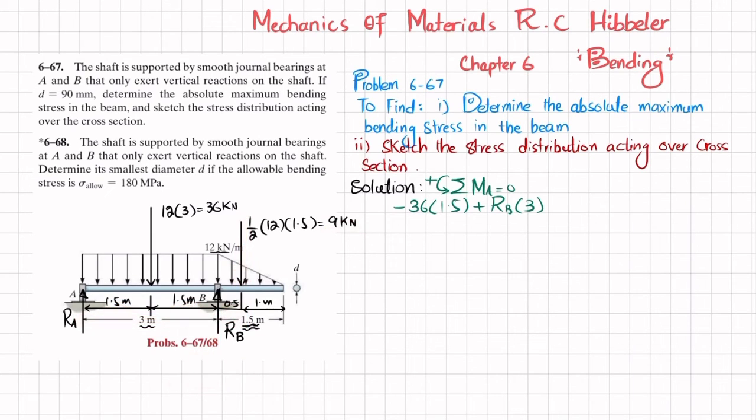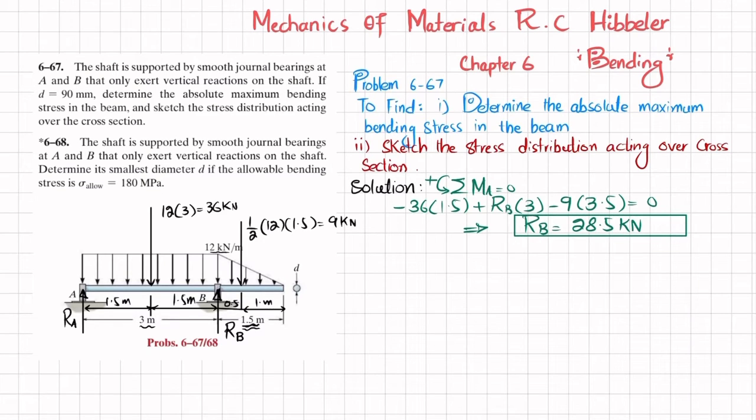So I will write minus 9 into 3.5 is equal to 0. When you calculate this, you will get RB equal to 28.5 kilonewton. This is the value of RB.